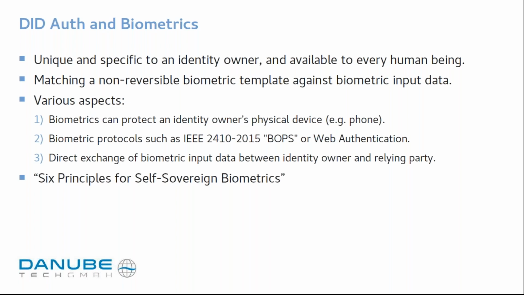So there could be authentication mechanisms, for example, that involve biometrics, where you prove that you control a certain DID, or where you prove who you are based on biometrics. So based on something that's inherently a part of you, right?